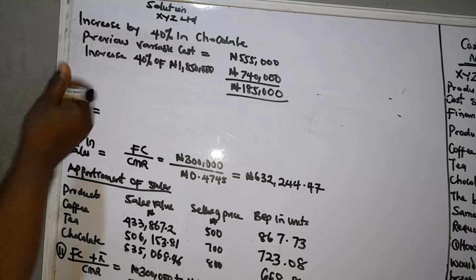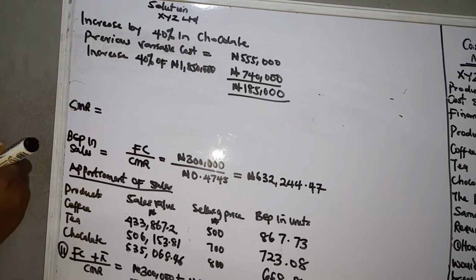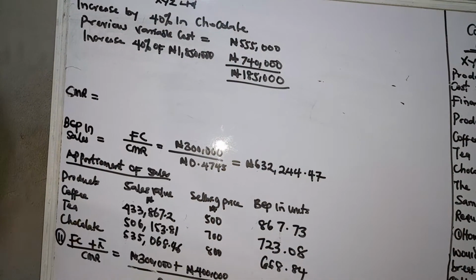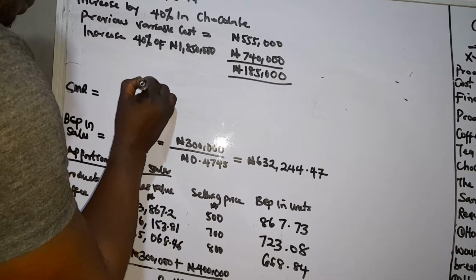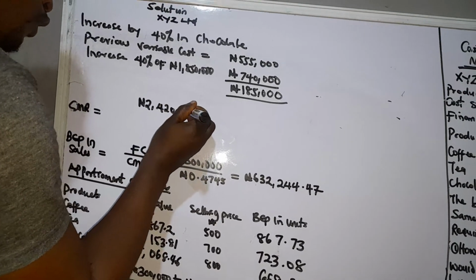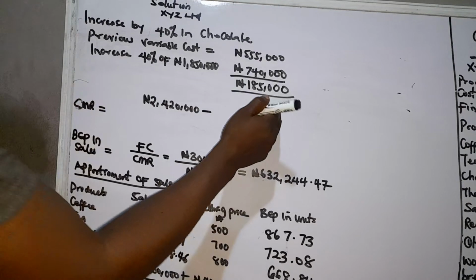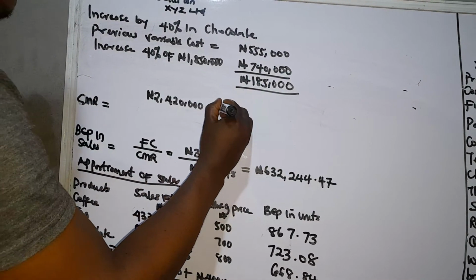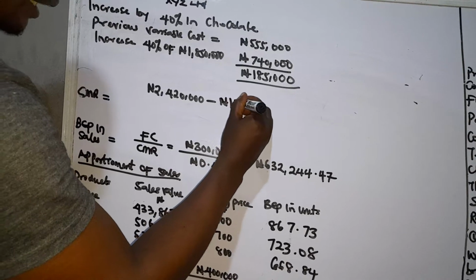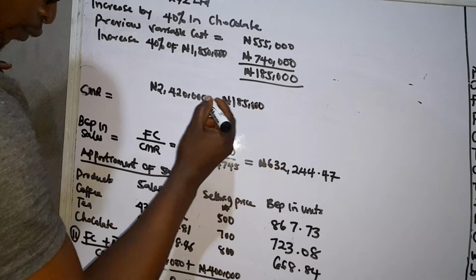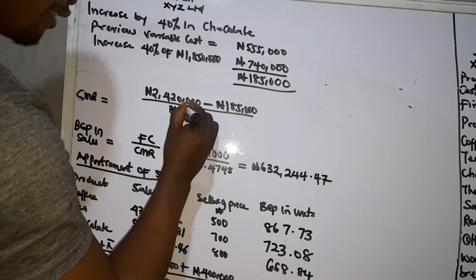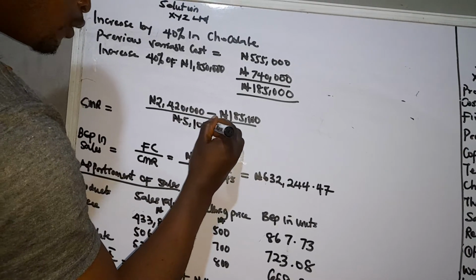So CMR. What is the total contribution margin? We've done it before. Check the table, which is 2,420,000. So I will take this increase out, minus 185,000, divided by our total sales, which is 5,100,000.